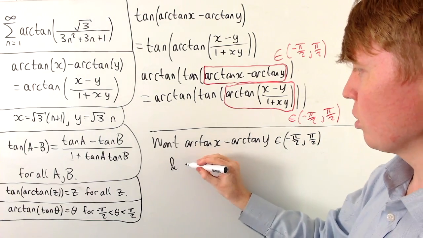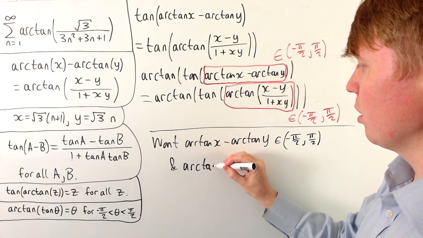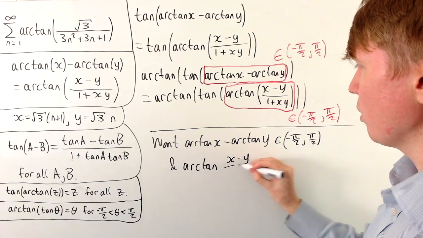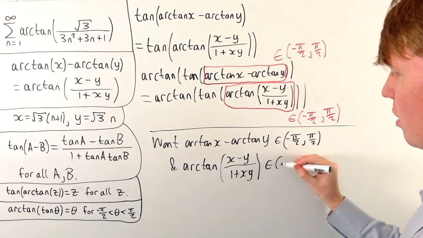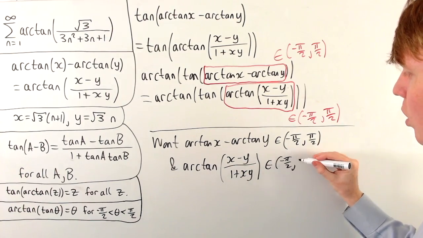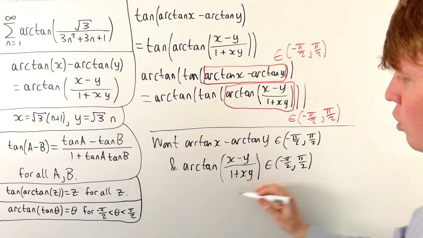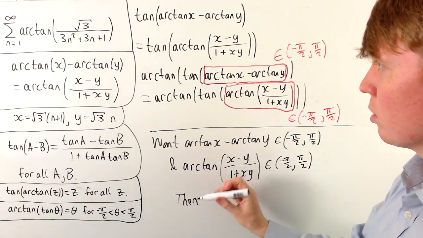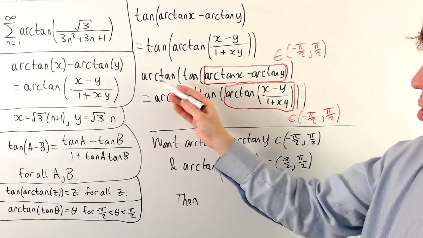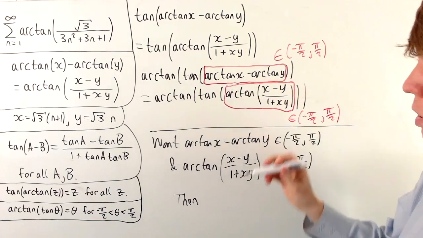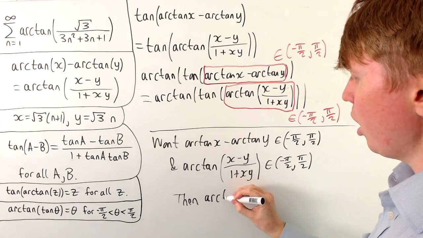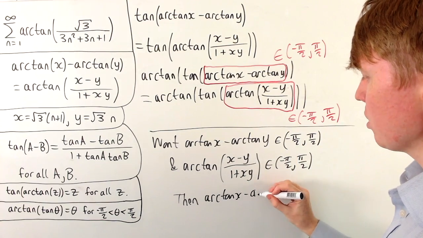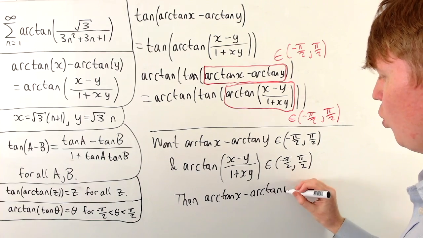And similarly, we want to show that arctan of the fraction (x minus y) over (1 plus xy) is also in this range between minus pi over 2 and positive pi over 2, because then we can just cancel arctan and tan here, because arctan of tan of this theta would just be equal to theta. So our left-hand side reduces to arctan x minus arctan y.